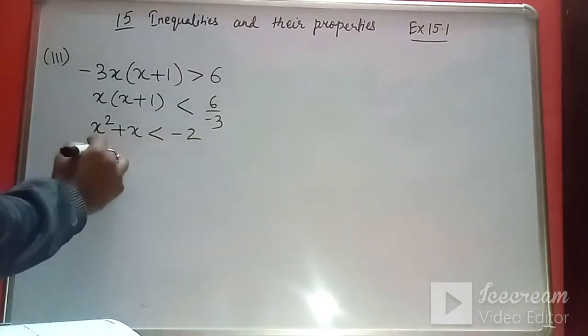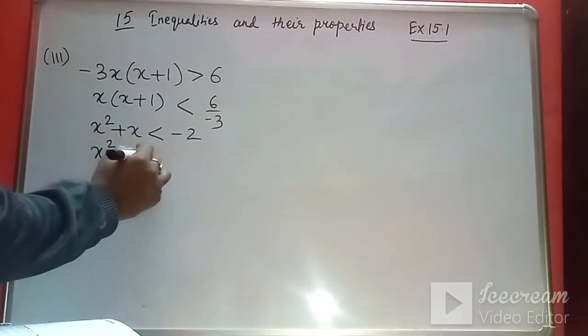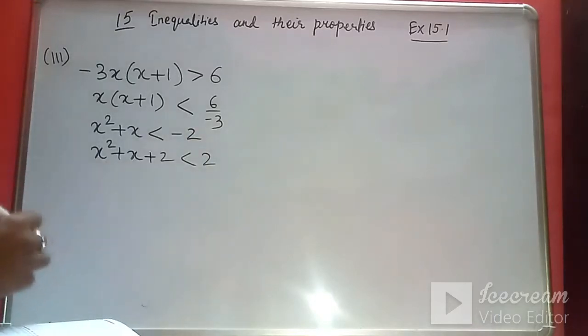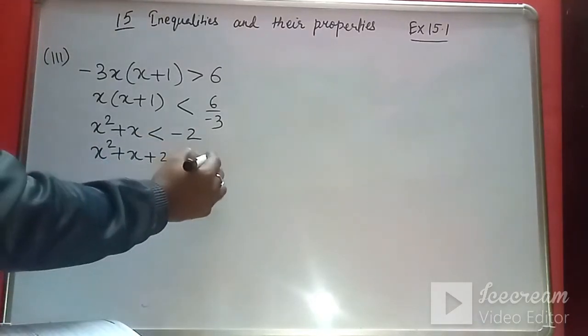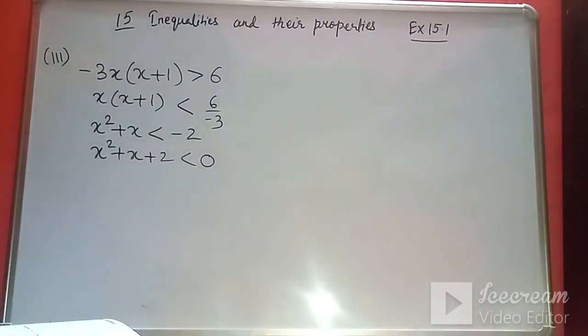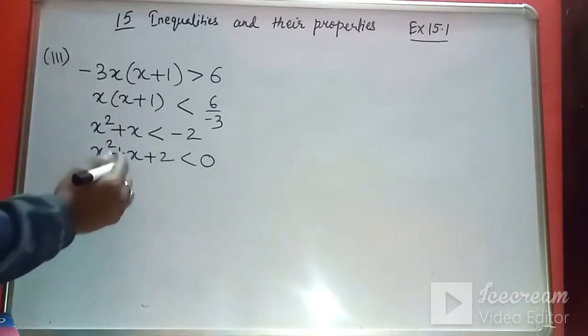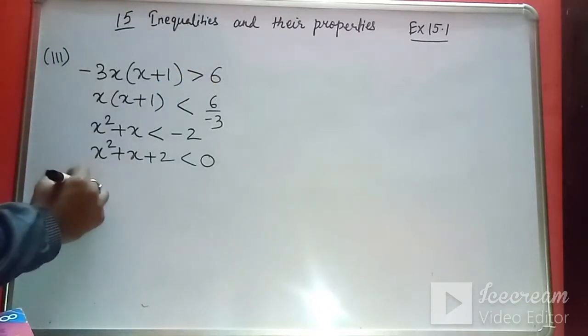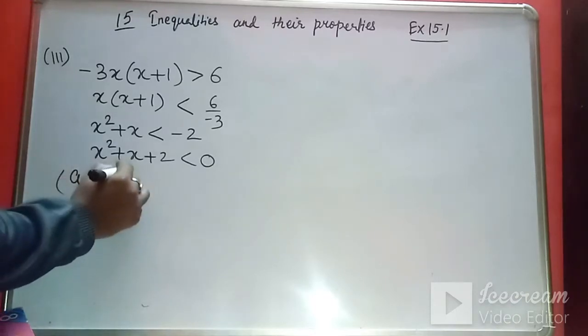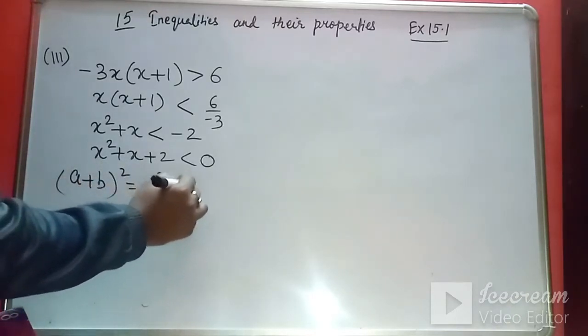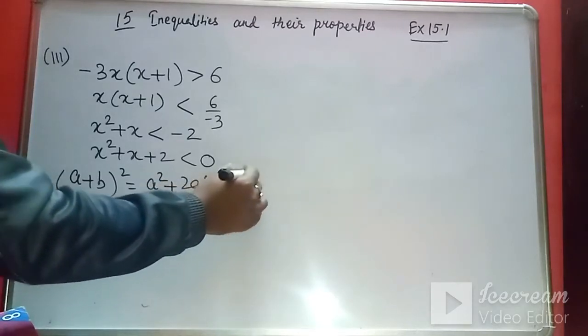Okay, now I will bring this 2 here. So it becomes x square plus x plus 2 less than 0. See, what I am going to do, I am going to make it a perfect square, like a plus b whole square and a minus b whole square. So I am going to make it like this. I will use this identity: a plus b whole square is a square plus 2ab plus b square.